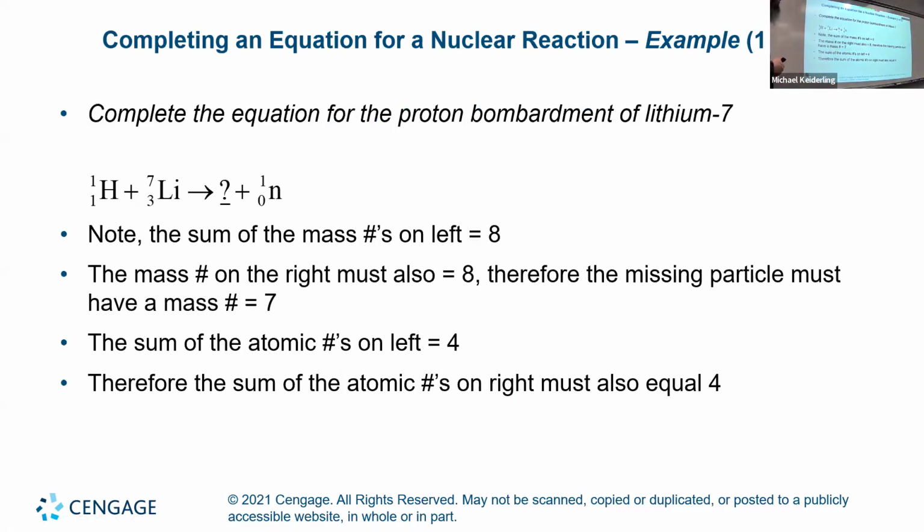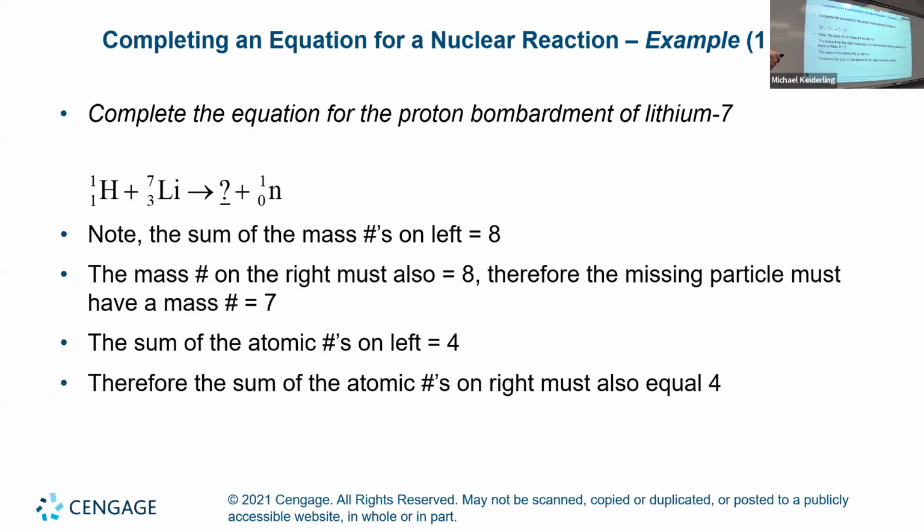So here's an example of the proton bombardment of lithium-7. You hit lithium-7 with a proton, you get something and it spits out a neutron. The sum of the masses on the left has to be 8. So whatever we make has to have a mass of 8. The sum of the atomic numbers on the left is 4, so the sum of the atomic numbers on the right must also be 4.